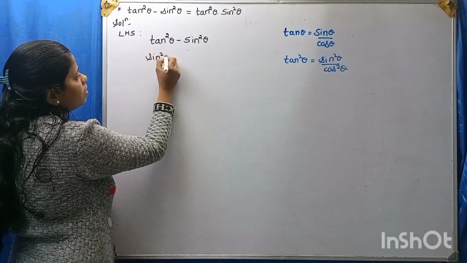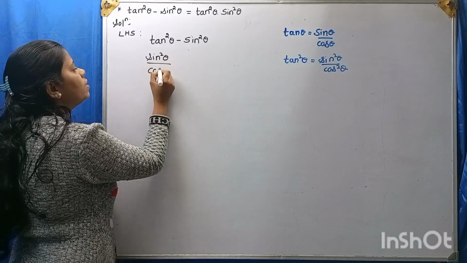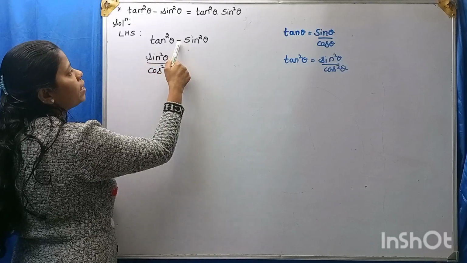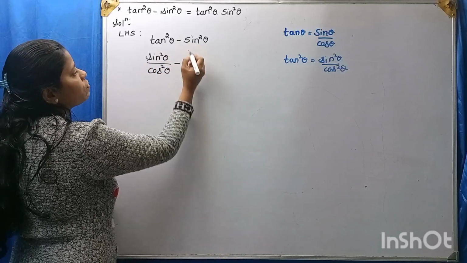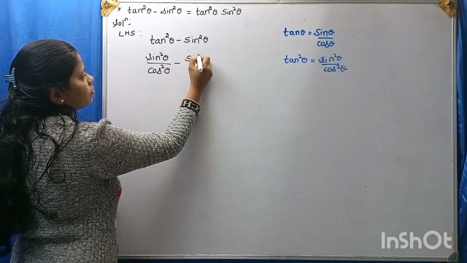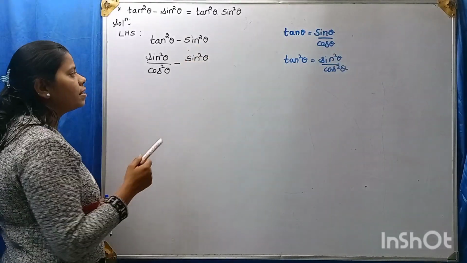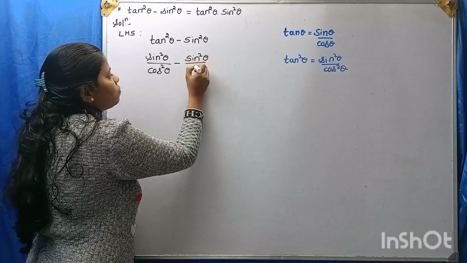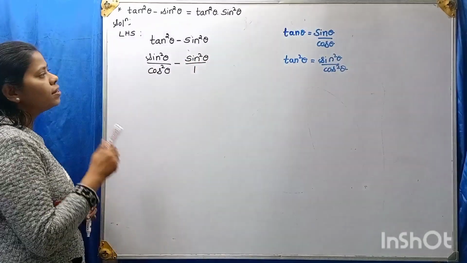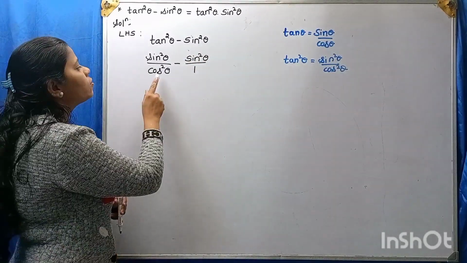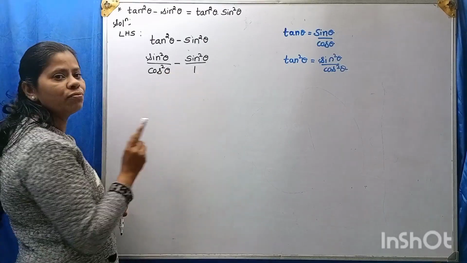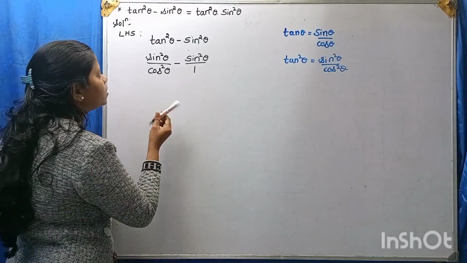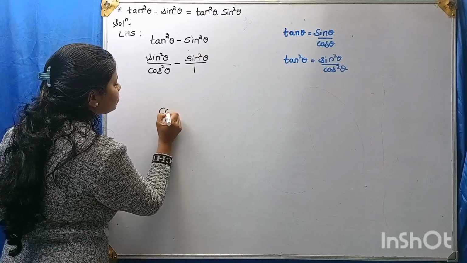Sin square theta by cos square theta minus sin square theta. Nothing in the denominator, so I will take it as 1. Now, let's take the LCM. Cos square theta and 1. What is the LCM? Cos square theta is the LCM, right?